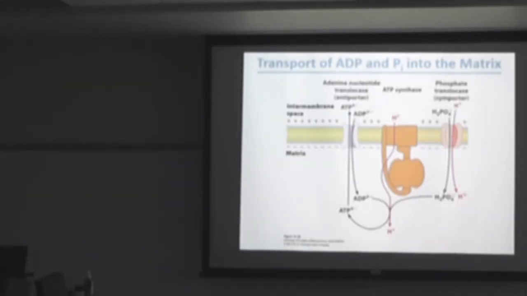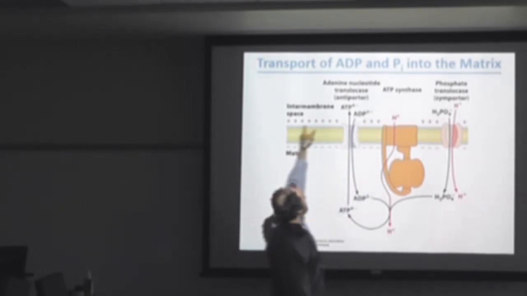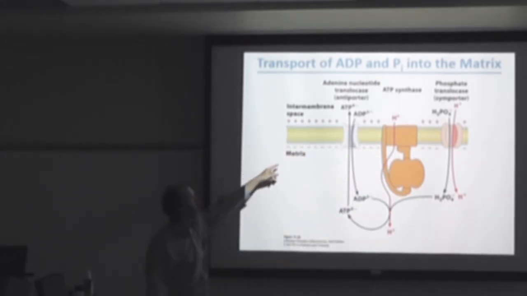So, transport of ADP and phosphate into the matrix. In order to make the ATP, you have to have both phosphate and ADP there, right? But that poses a problem, doesn't it? Because the matrix has a high negative charge compared to the positive charge of the inner membrane space.